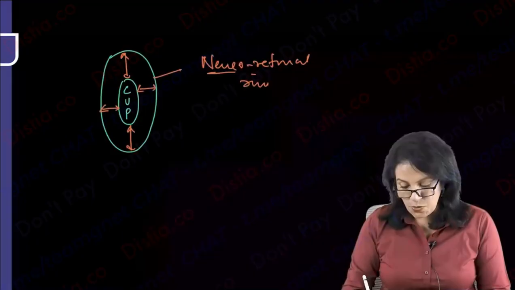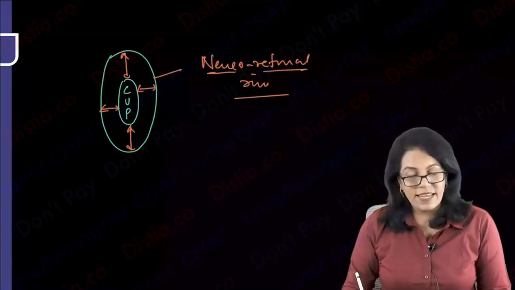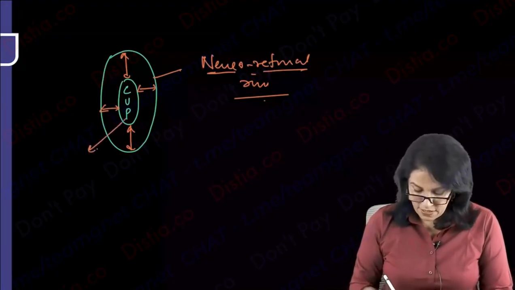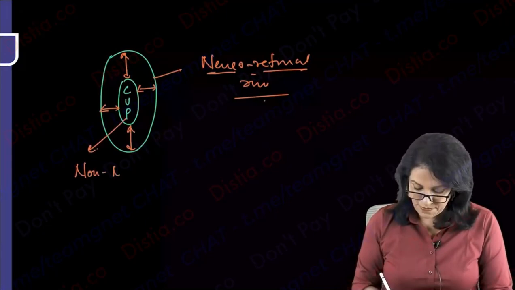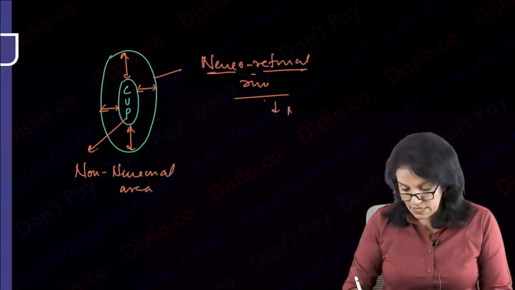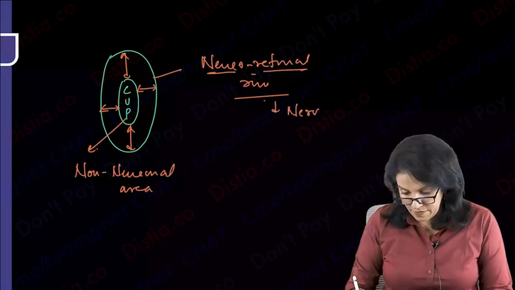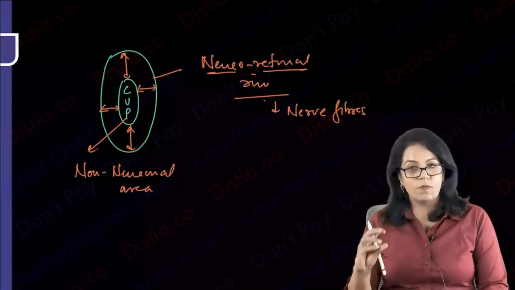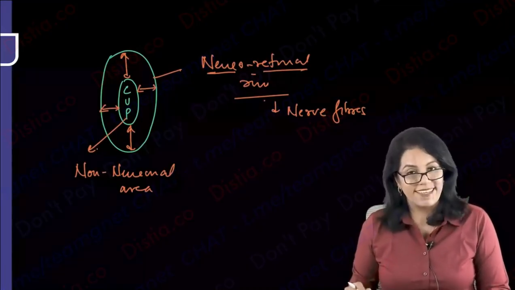It is the neuroretinal rim, right? So what is the cup area? Cup is considered a non-neuronal area. Got it? So the nerve fibers are occupying the neuroretinal rim from where they are exiting out, and the central small pale area is the non-neuronal area.